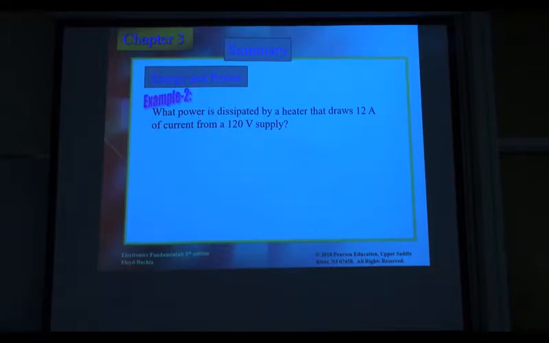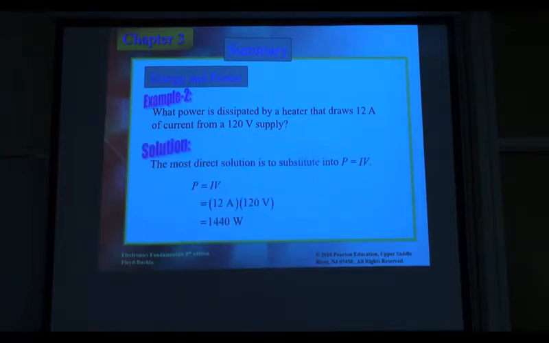In engineering, we need units. So you can give me 1440 with a W, or 1.44 with a K. The most direct solution is to substitute into this one. The voltage times current equals 1440.